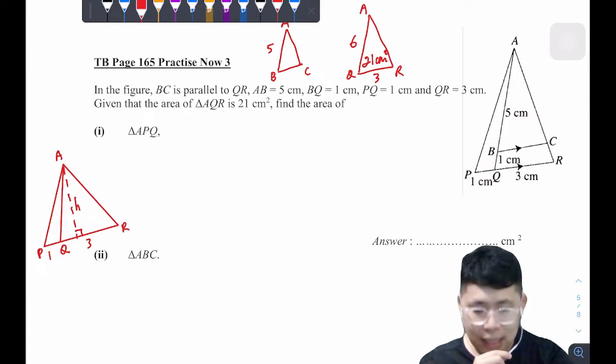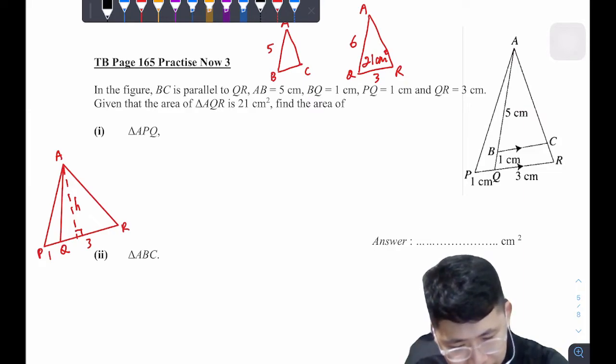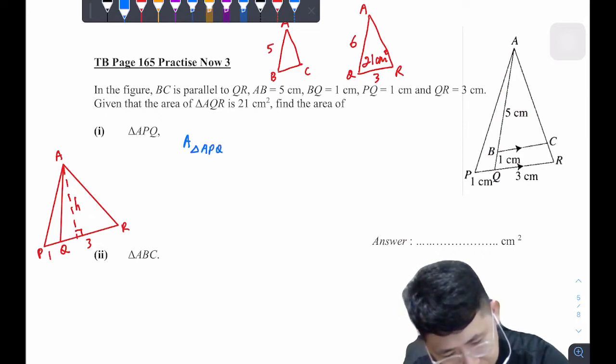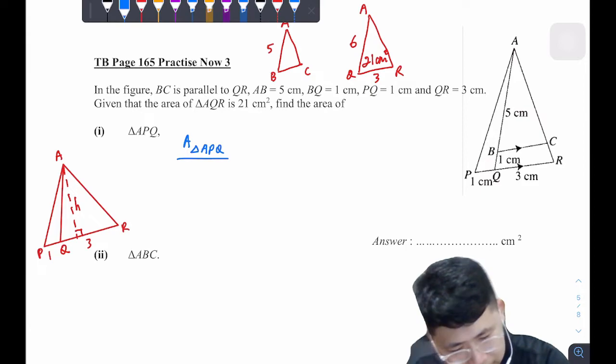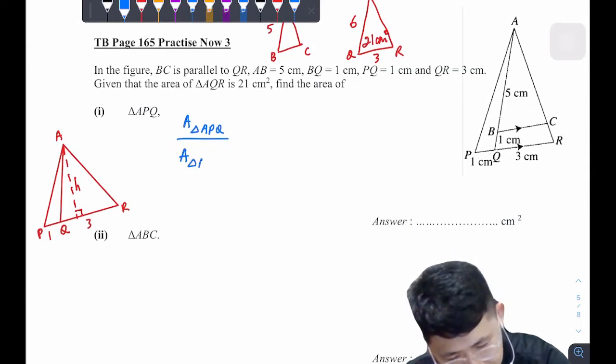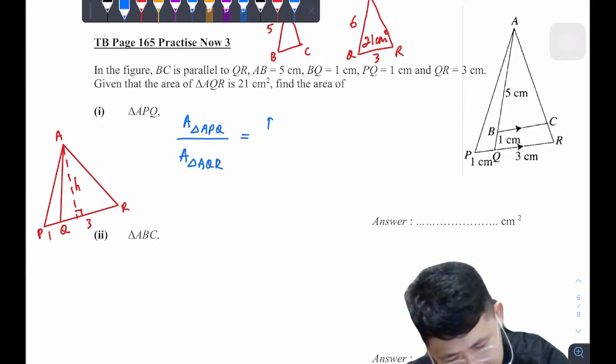Okay, so let's take a look. The area, right, will follow the ratio of the length. So the area of triangle APQ over the area of triangle AQR is just the length, PQ over QR.